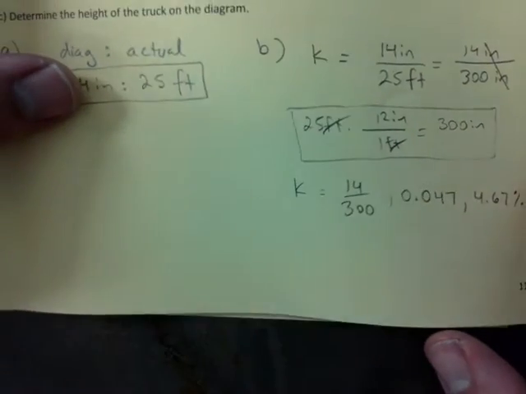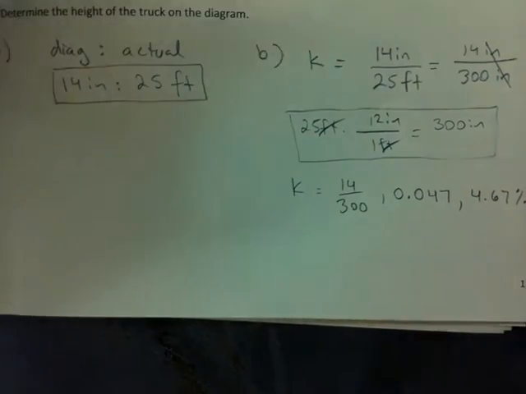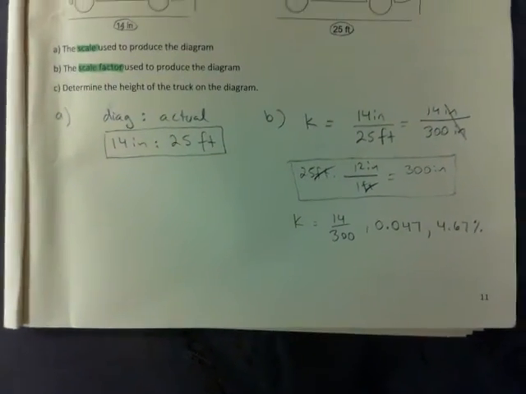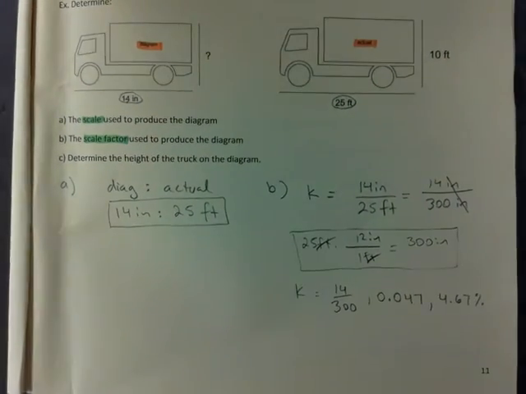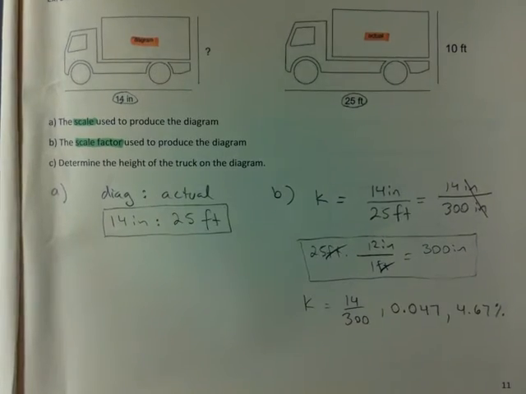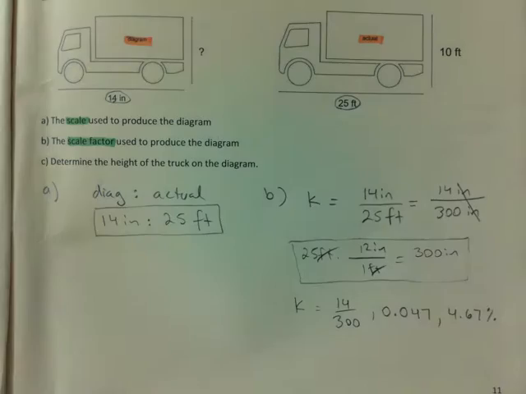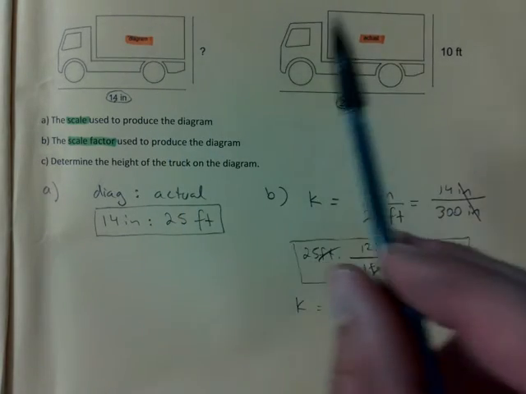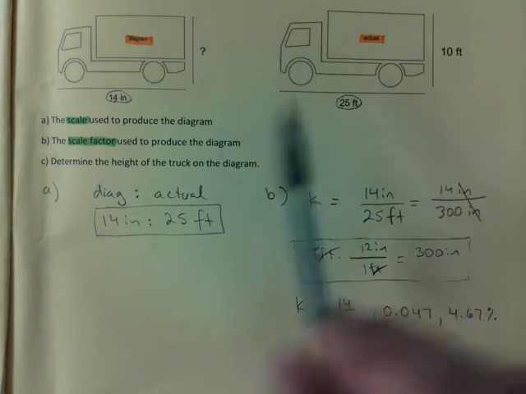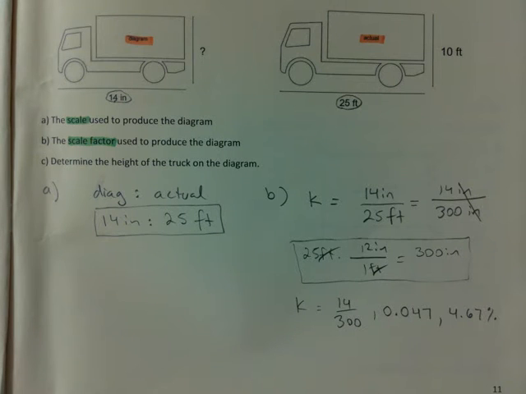So let's go back to page 11 in our notes here, because I didn't finish that question. So we were given 2 similar shapes, and in math, when we say similar, it's not just they kind of are like each other.